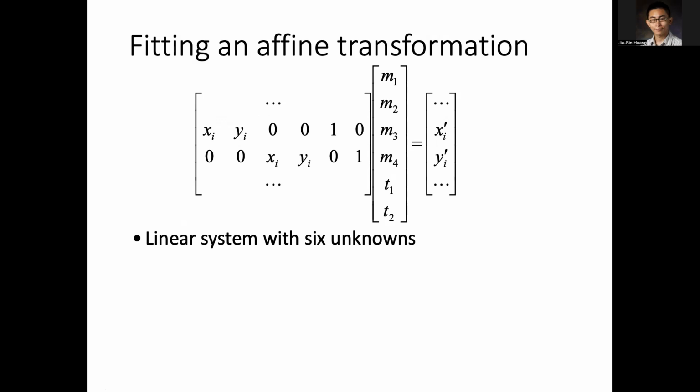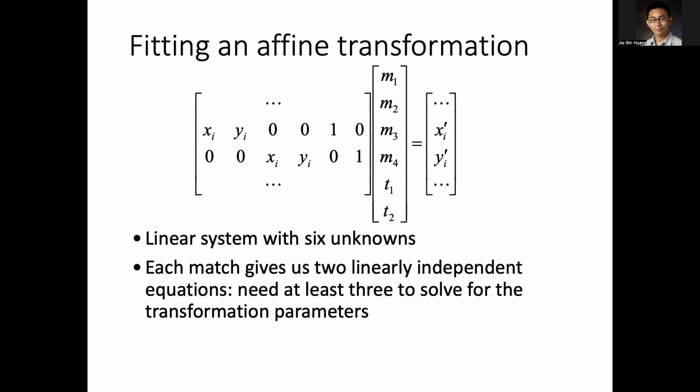I have six unknown numbers, and each correspondence gives me two equations. How many equations are there? How many pairs do I need? Yes, 3. So I only need 3 pairs. So eventually the picture looks like this.